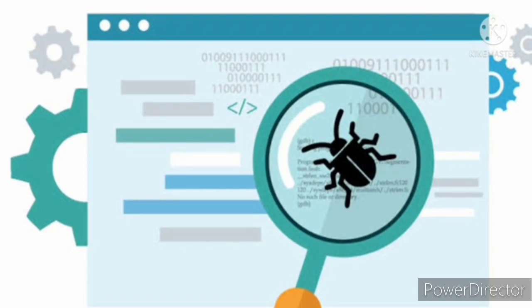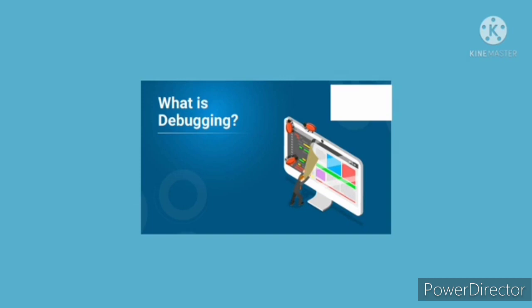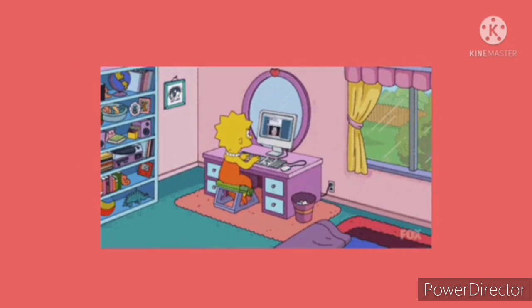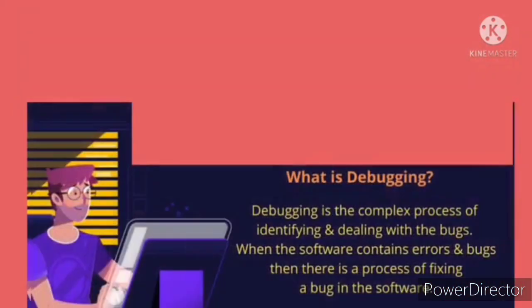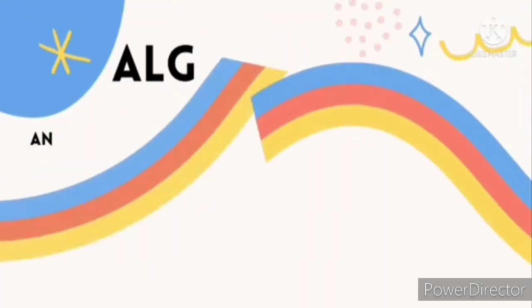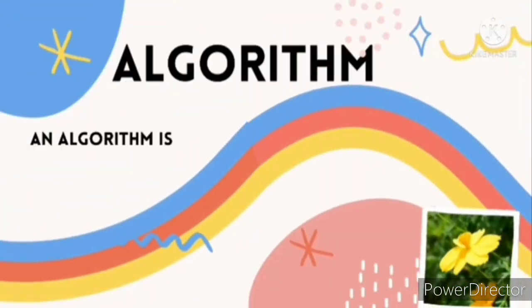The next term is debugging. Debugging simply refers to finding and fixing the errors in a program. When there is an error in a program, the program cannot run properly.